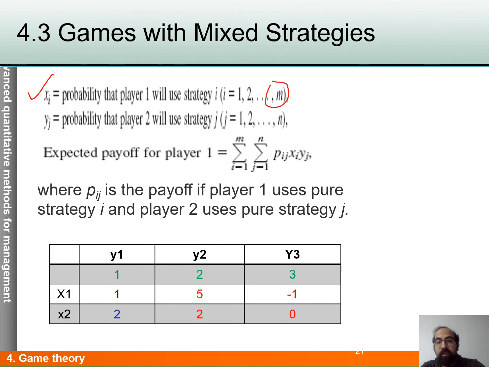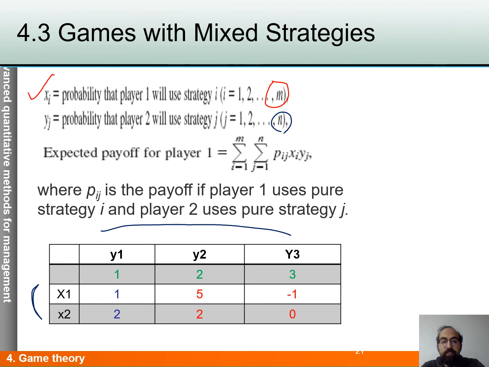M is the final number showing the number of strategies for player 1, and the strategies yj for player 2, where j is from 1 to n. For example, here in this case, there are two strategies for player 1, x1 and x2, while there are three strategies for player 2, y1, y2, and y3.